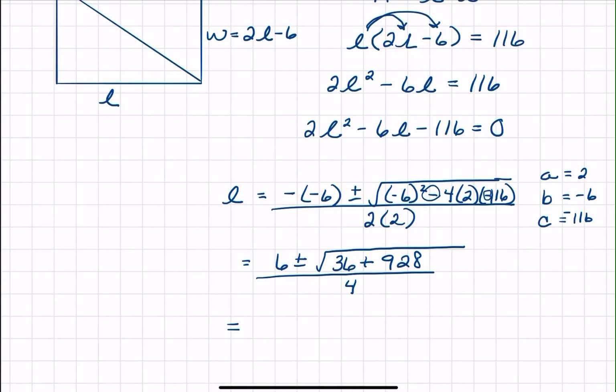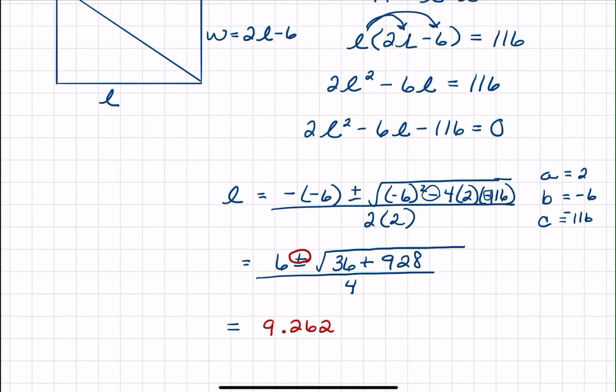So if I do the minus, it's going to give me a negative answer, and so I just want the positive answer. So in my calculator, I'm going to plug in 6 plus the square root of 36 plus 928, and you can add that before or after, and then divide that by 4, and that gives me 9.262.